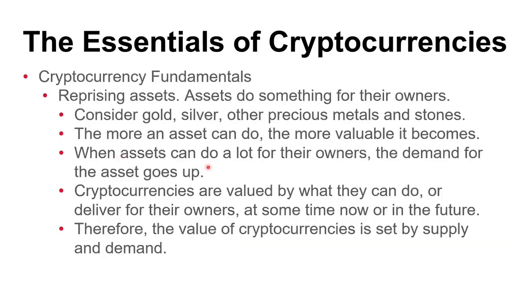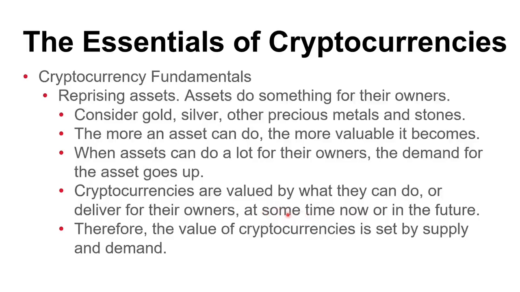They can do something. So the more that they can do, the more valuable the asset becomes. Even a simple table in your garage can do something for you, in the future. So therefore it has some value connected with it. When an asset can do a lot for its owners, the demand for that asset obviously increases, which increases the price.